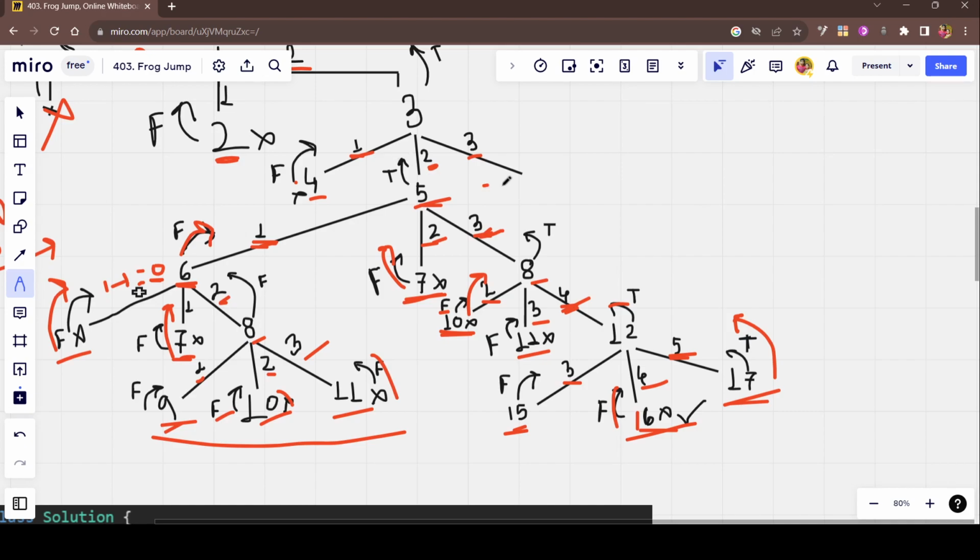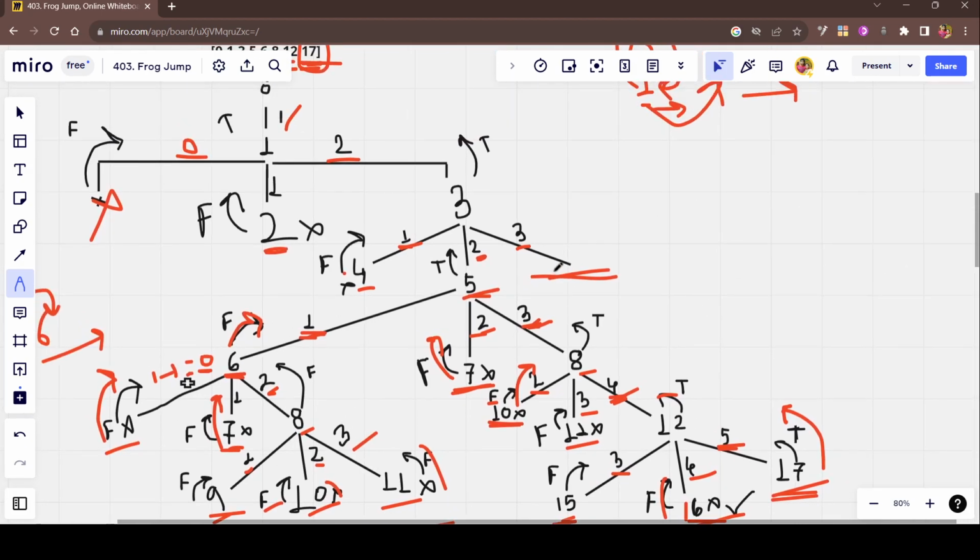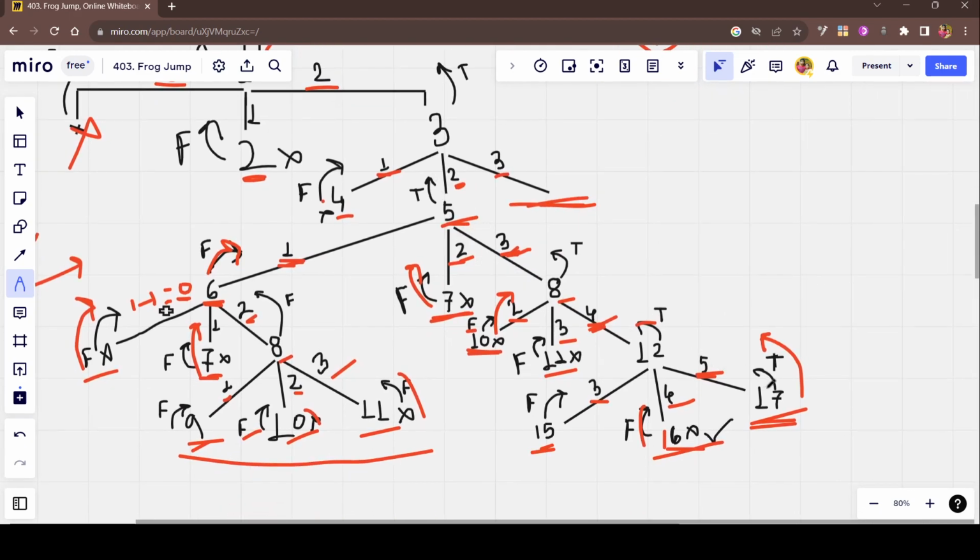So you don't care about the other nodes, because among the three choices, if one choice gives you true, you can follow that path and present yourself at the last index. If it is false, and if it is true, we don't care about the other path, because I have one path by which the frog can present itself onto the last index.